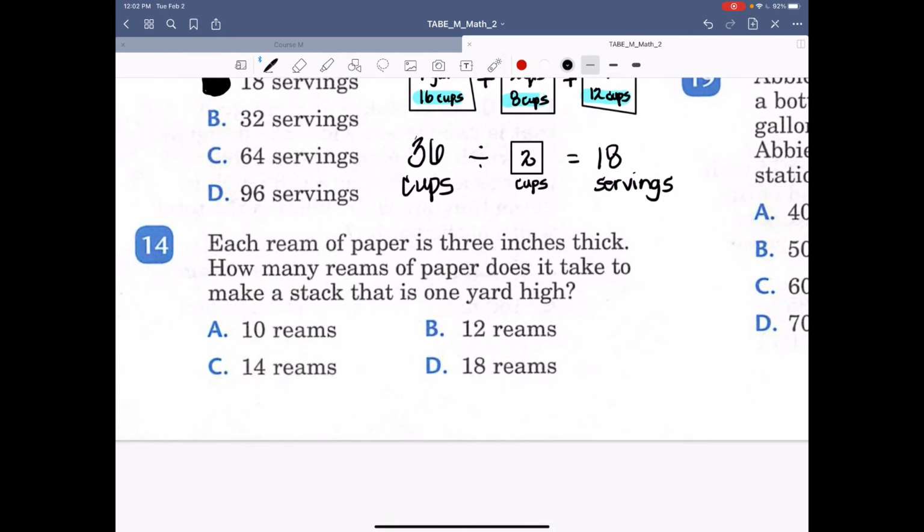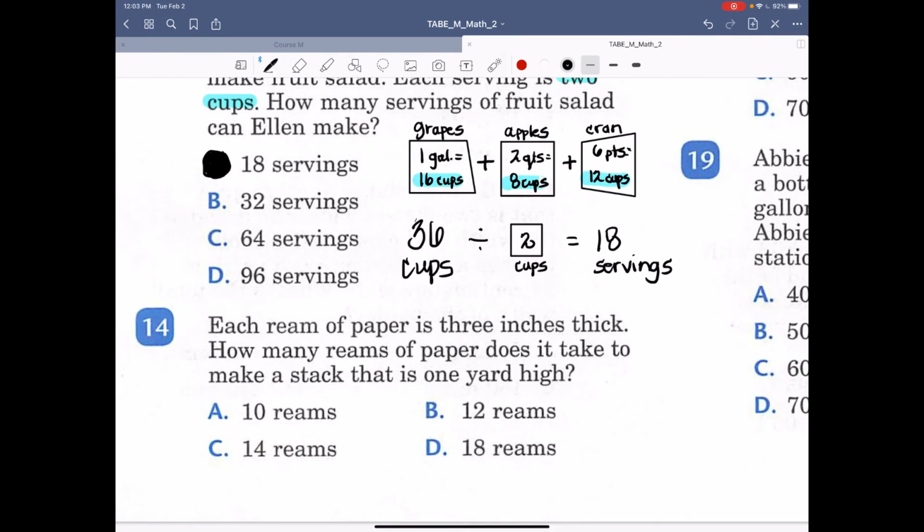Number 14. Each ream, a ream is a package of paper, is 3 inches thick. How many reams of paper does it take to make a stack that is 1 yard high? 3 inches, 1 yard. So here is a package of paper.